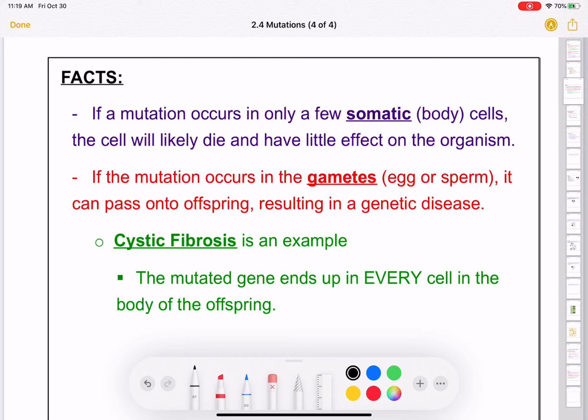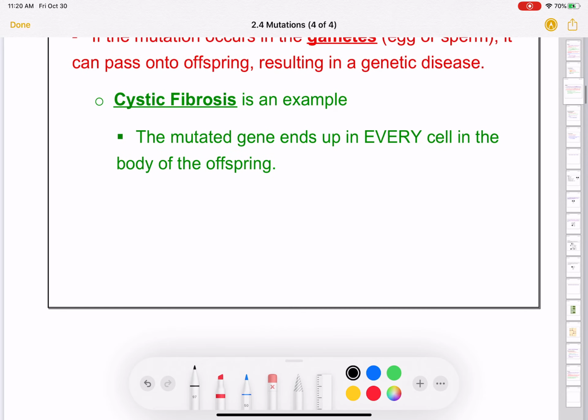If the mutation occurs in our gametes, so in our egg and sperm, it can be passed on to our offspring, and this can result in a genetic disease. So if that mutation happens and the egg and sperm carry that on to your very first cell, the very first cell that you are, that mutation is going to be copied millions and billions of times, and that could lead to what we call a genetic disease.